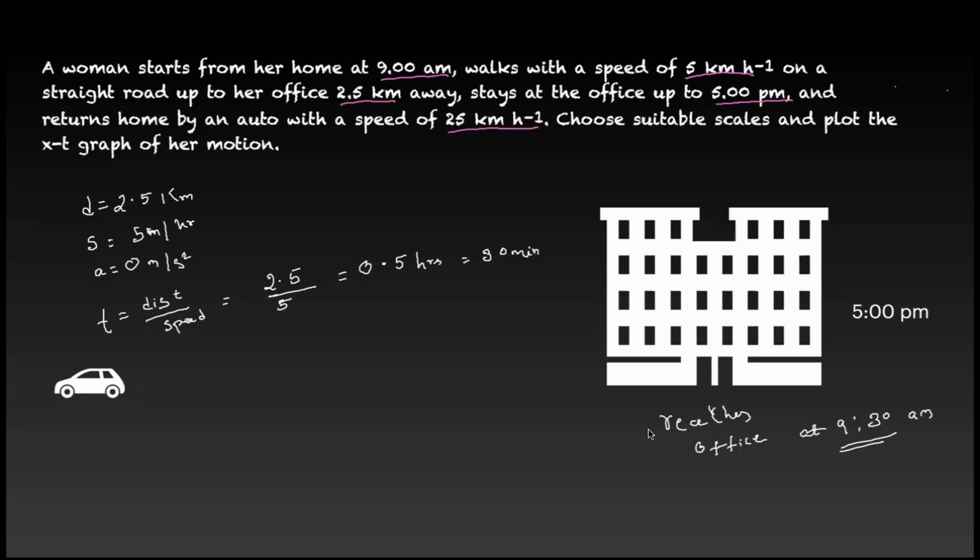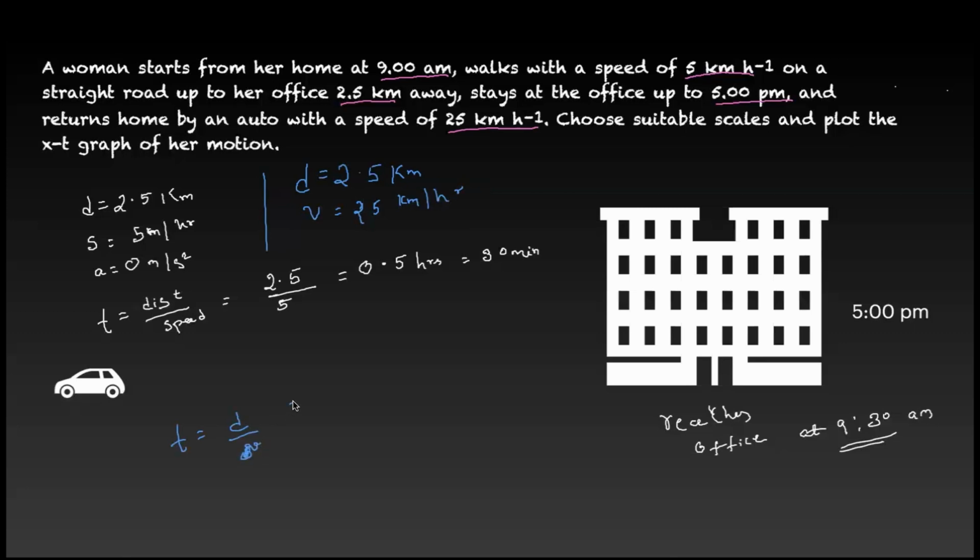The distance will be the same again. When she is going home, the distance remains the same because she is traveling the same distance. Now, the velocity with which the auto is going is 25 kilometers per hour. Time is distance upon speed or velocity.